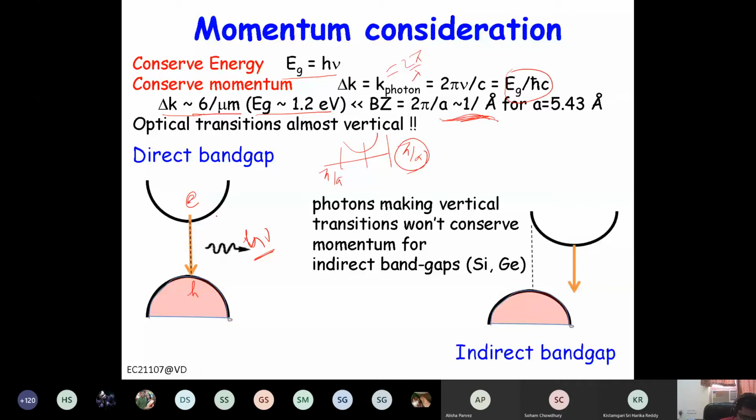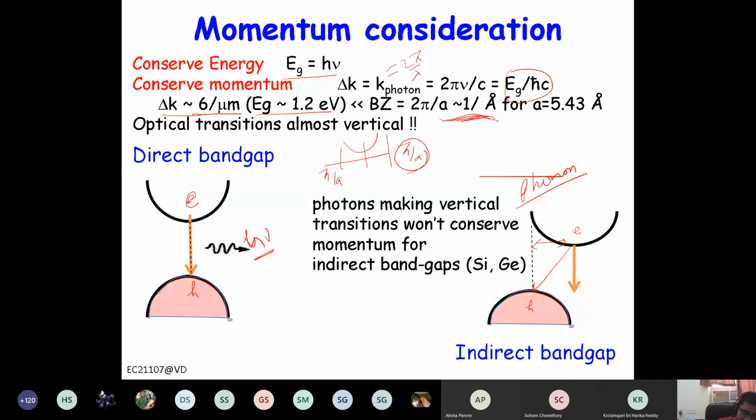So if there is an indirect gap semiconductor, for electron and hole to recombine, this momentum cannot be supplied by the photon. This momentum has to be supplied by a third particle, called phonon. So now this process is not just two particles, electron hole recombination and photon.